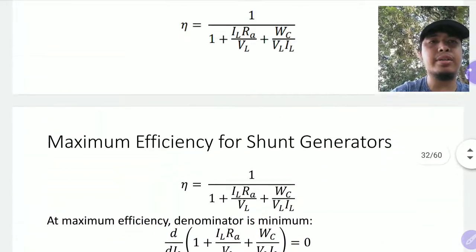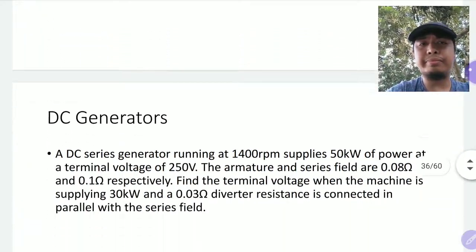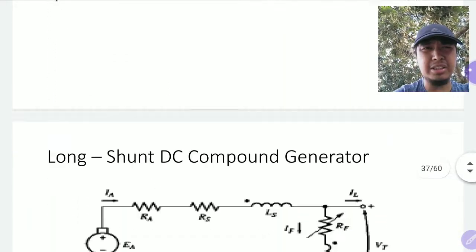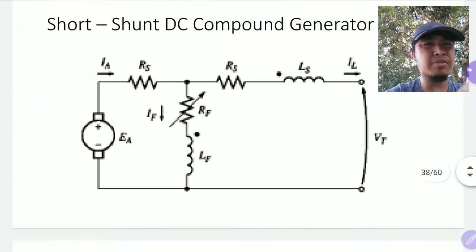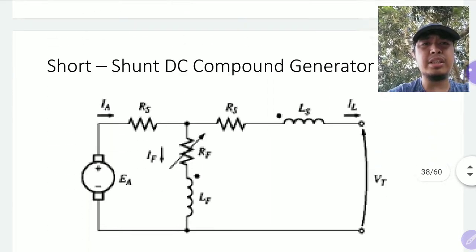That's your separately excited, your shunt, and your series. Now the other two would be a combination of series and shunt. We have long shunt and short shunt.